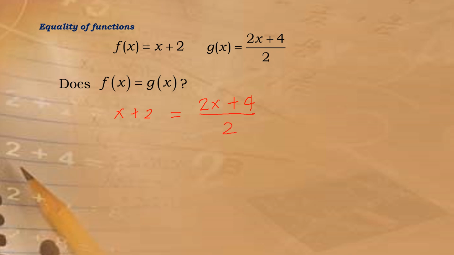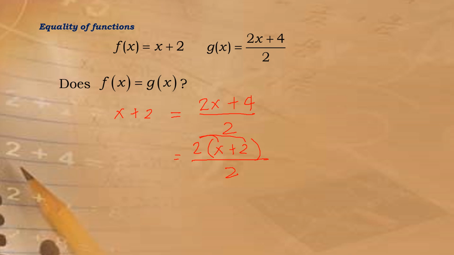The g of x can be simplified as the product of x plus 2 all over 2, because 2 times x is 2x, and 2 times 2 is 4.